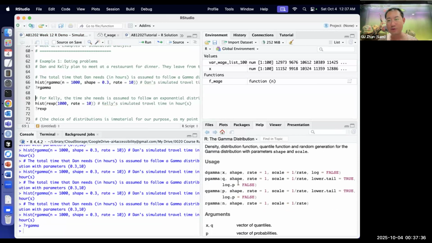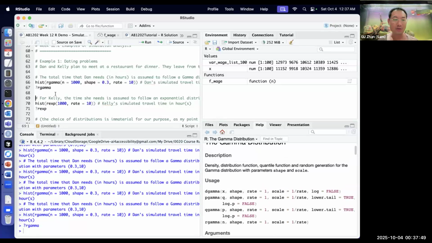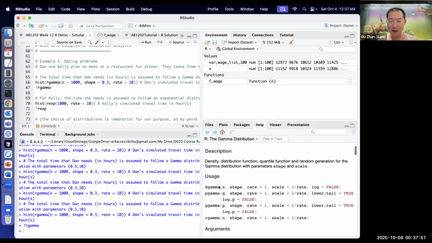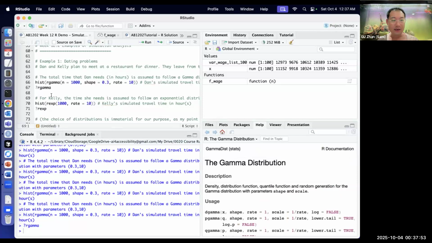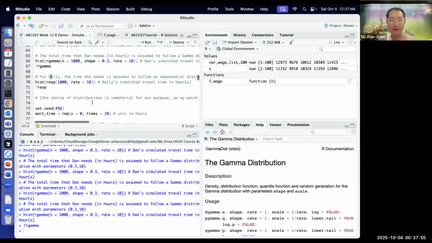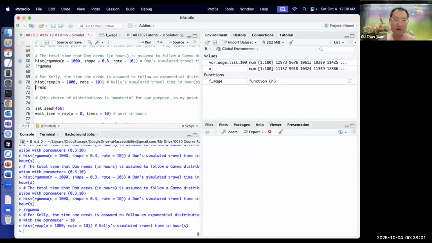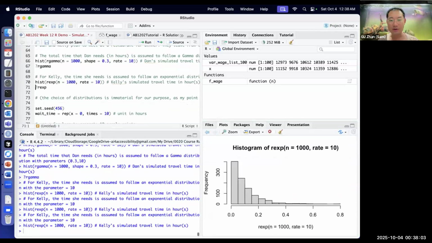We have learned a few continuous distributions, the normal distribution and the uniform distribution. This is another distribution, the gamma distribution. Then for Kelly, the time follows an exponential distribution, so we just draw from an exponential distribution.